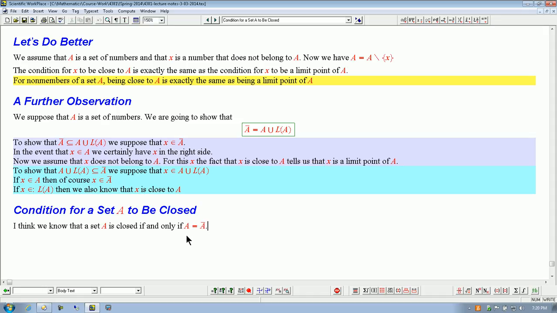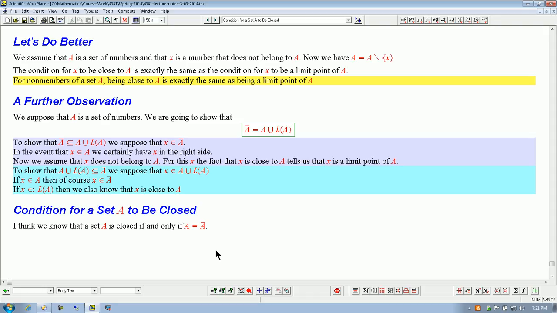It's always true that a number that belongs to a set is close to the set. But now, the condition when a set's closed, then every number that is close to the set has to belong to the set. And this is something we've done.